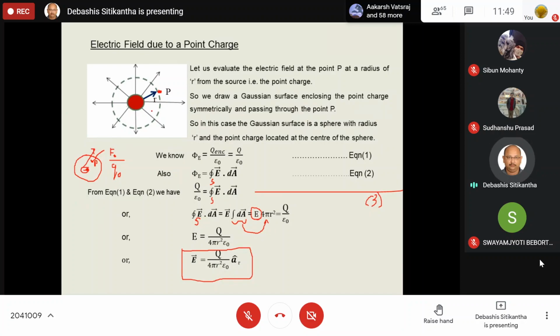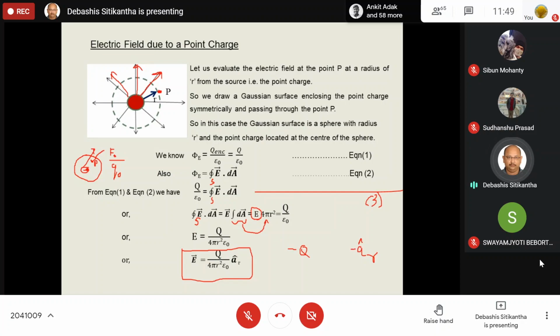What is this a r cap? As you can see, this electric field is always directed in the direction of the radius, and it is moving outwards because it is a positive charge. So over here I have written a r cap. Now if it were a negative charge, either I could have written it as minus Q by 4 pi r square epsilon 0, or I could have written it as Q by 4 pi r square epsilon 0 times minus a r cap.